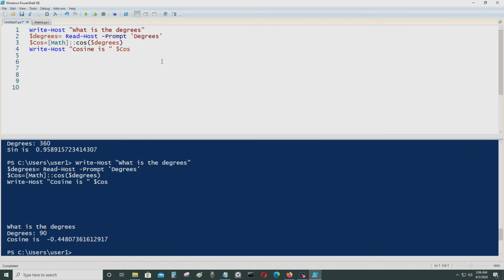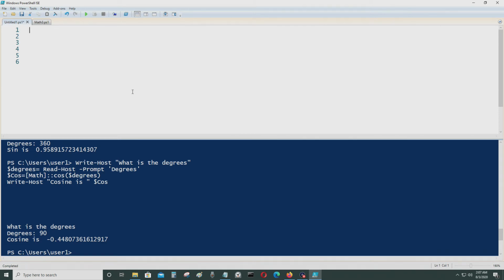That's x squared plus y squared equals r squared, right? Yeah, we could do the Pythagorean theorem or whatever you want.